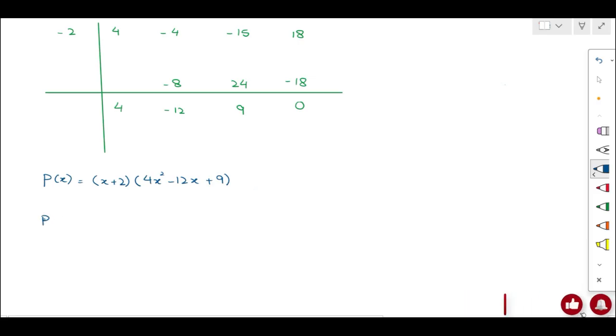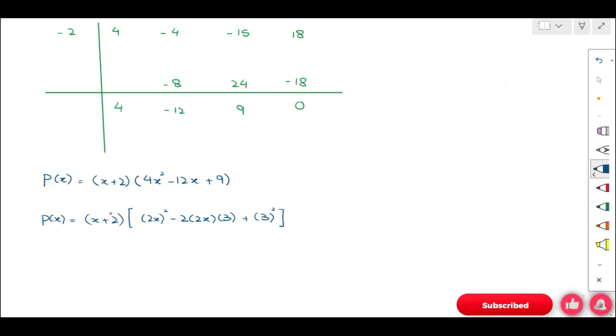So the polynomial p of x becomes x plus 2 times 2x whole square minus 2 times 2x times 3 plus 3 whole square. What I did over here is make a minus b whole square.